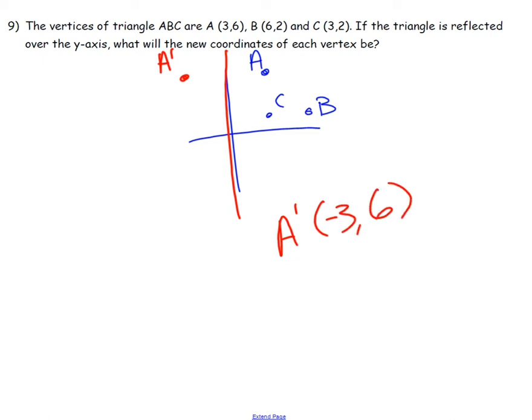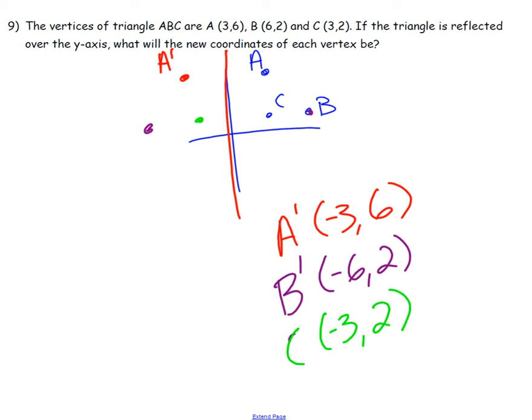Since it only moves to the left, our y-coordinate does not change. Then we do the same thing for B. So where would B end up? And C would end up negative 3, 2.